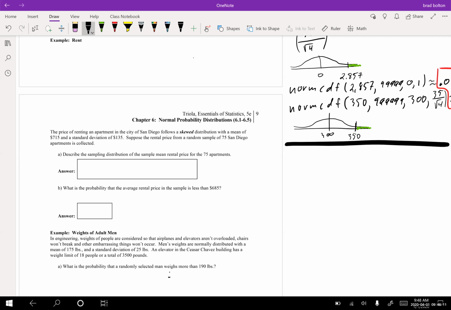Describe the sampling distribution of the sample mean rental price for 75 apartments. So when they say describe the sampling distribution, they just mean do this. You'll see this sometimes in your homework. They just mean X bar is approximately normal with a mean of $715 and 135 divided by the square root of 75.